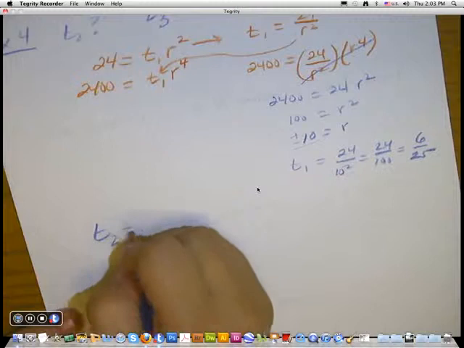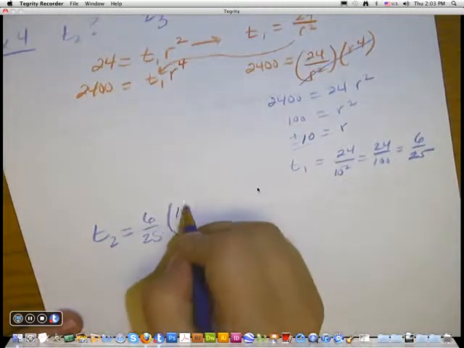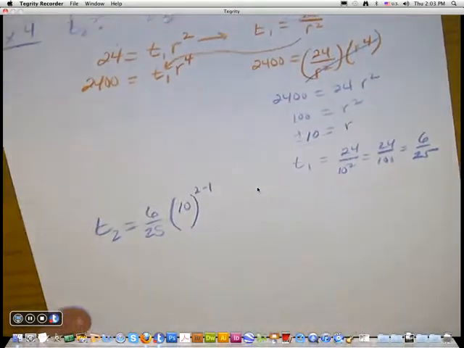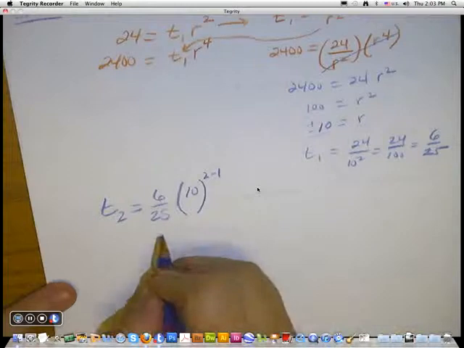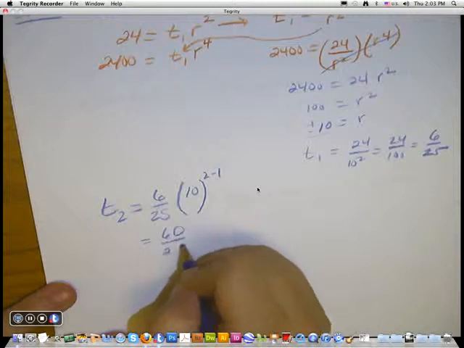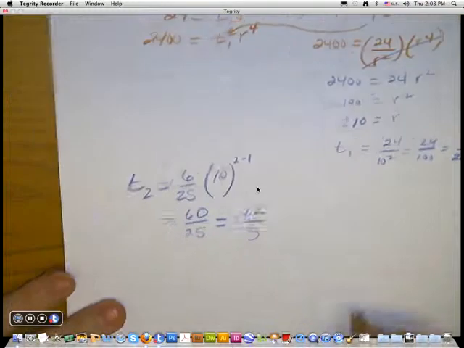We're now going to find the second term. Since we know the first term, we know our ratio, and we know we want the second term minus 1, which is 1. So we get 60 over 25, which is 12/5.